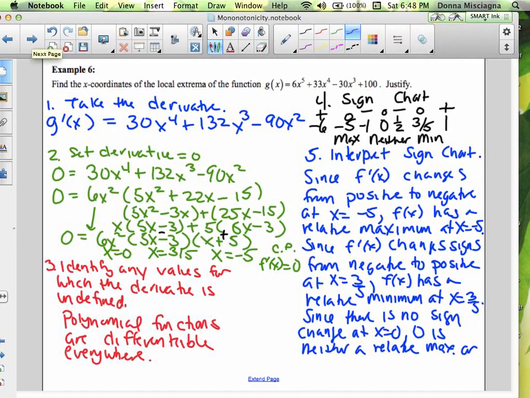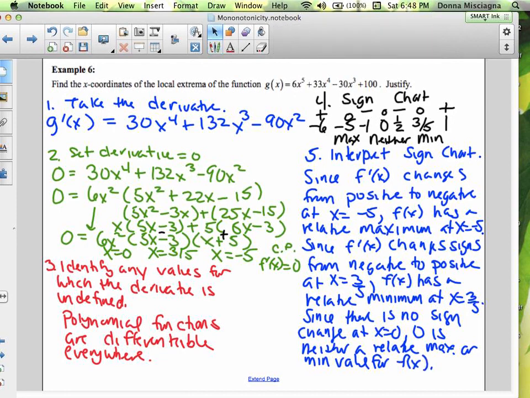I guess I could have. Let me look at the sentence and make sure the sentence still sounds good. Since there's no sign change at x equals 0, 0 is neither a relative max or min value for f of x. I like it at the end better, huh? On this particular sentence. All right, so there we've interpreted, and now I have the right signs in my chart.